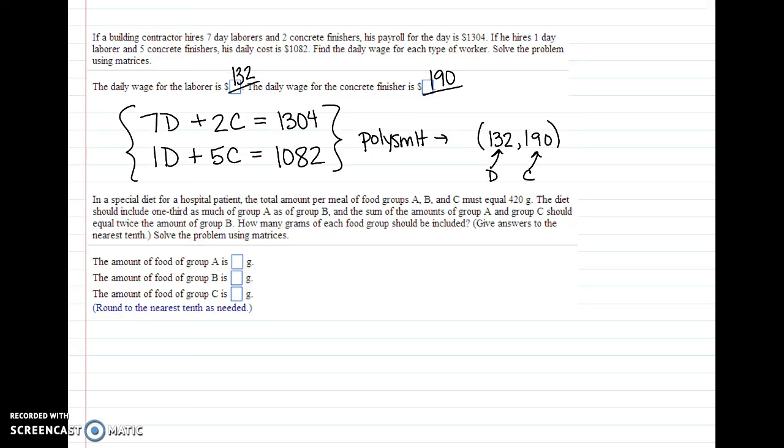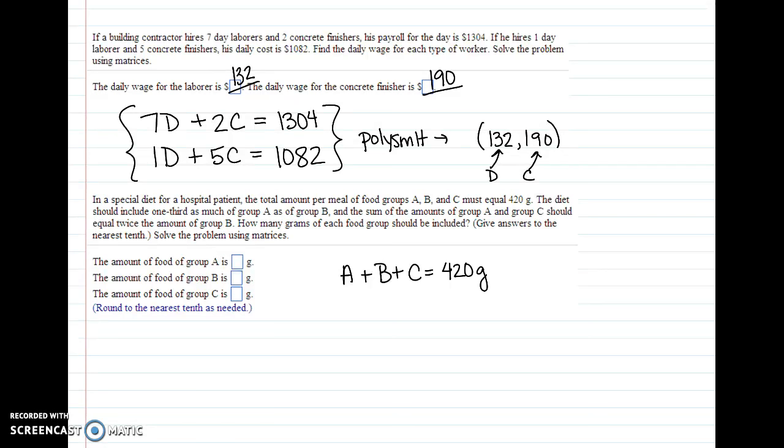Okay. In a special diet for a hospital patient, the total amount per meal of food groups A, B, and C is 420 grams. So if we add up food group A, food group B, and food group C, we should have 420 grams of food.